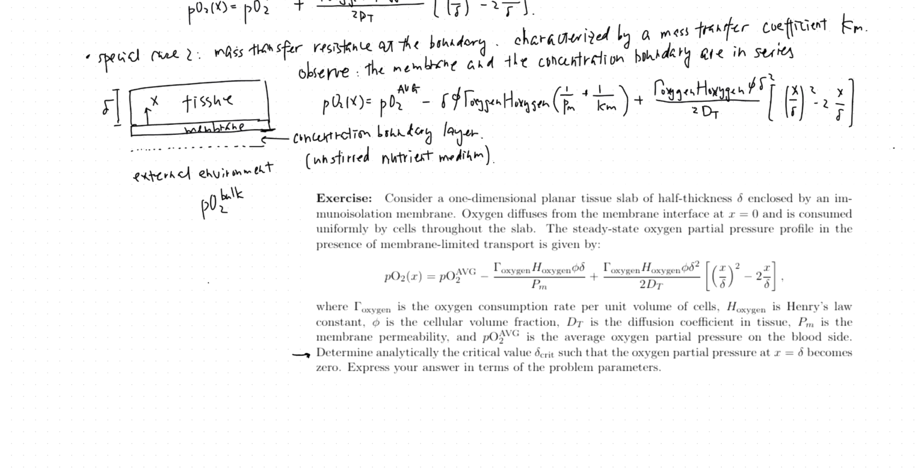And express your answer in terms of the problem parameters, which basically means you just use these symbols like gamma, Pm, H oxygen, the Henry's constant, phi, this type of parameter given in this problem statement. Yeah, this is the exercise for you.